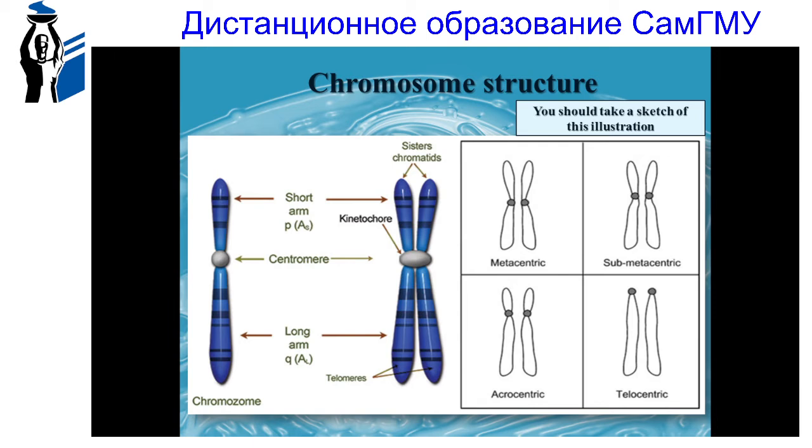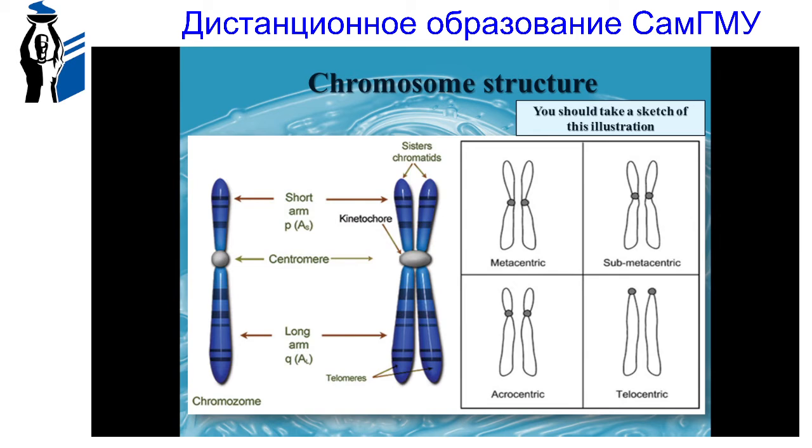Depending on the location of the centromere, three types of chromosome structure are distinguished: acrocentric chromosomes, in which the centromere is located almost at the end, and the second arm is so small that it may not be visible on cytological preparations; submetacentric chromosomes with arms of unequal length; and metacentric chromosomes, in which the centromere is located in the middle or almost in the middle.